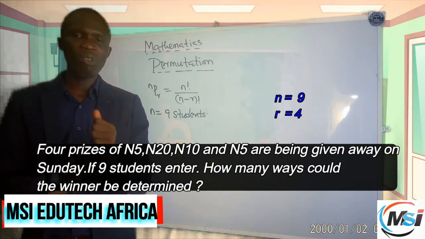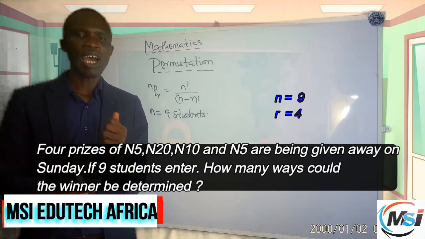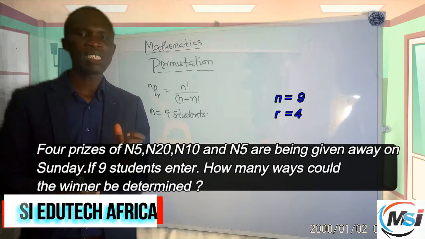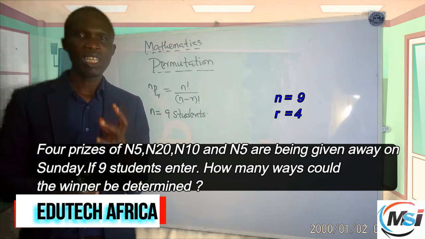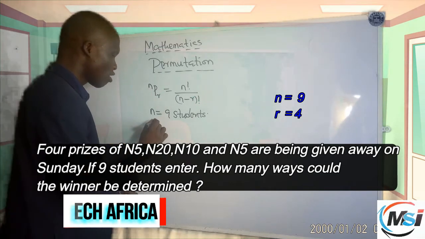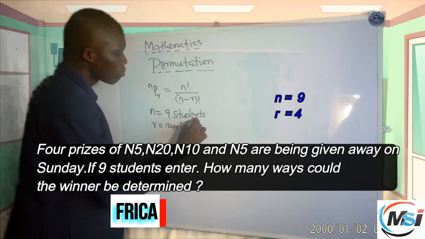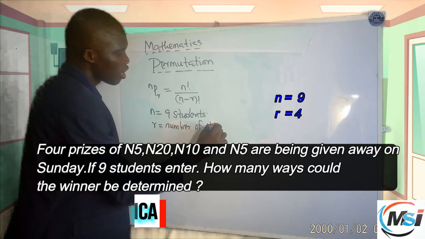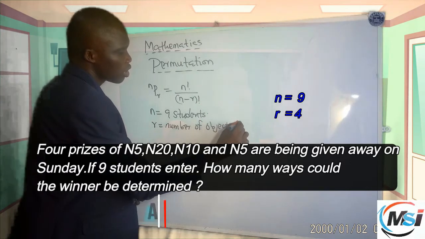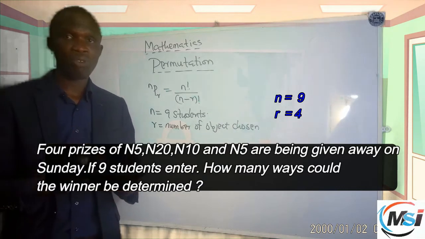Now, the second thing to understand here is r. r is the number of objects chosen. Now, how can we identify the number of objects chosen?